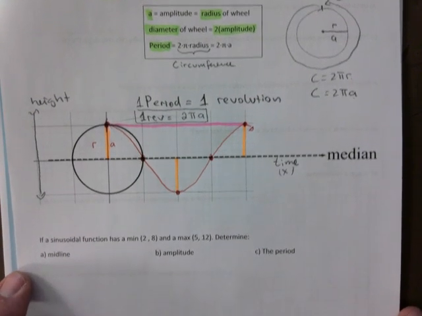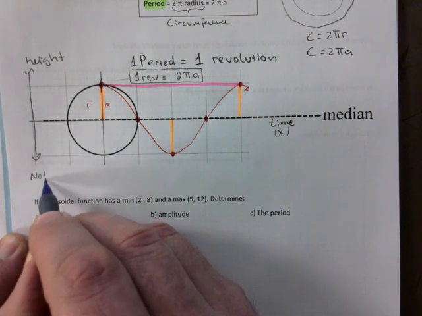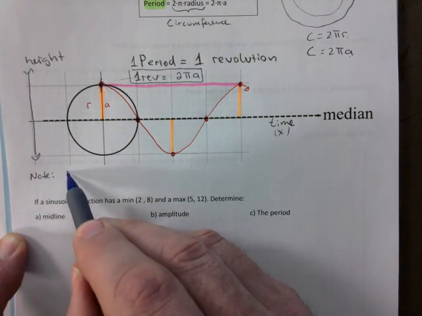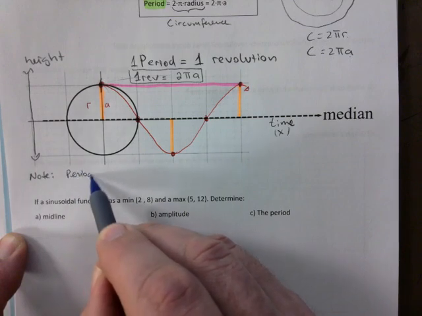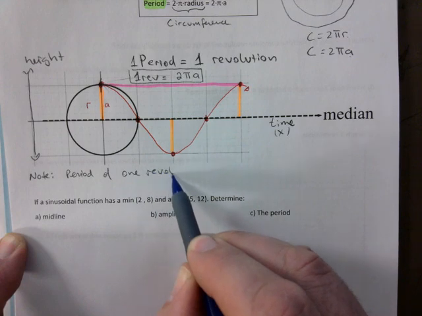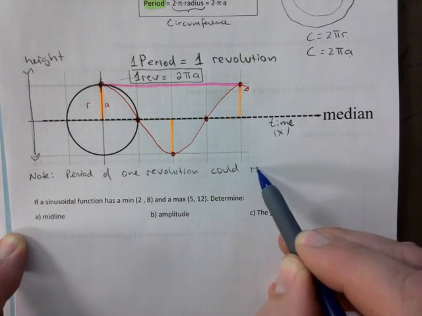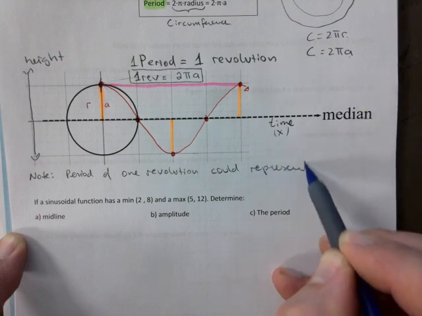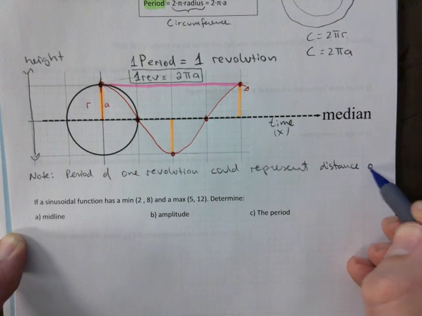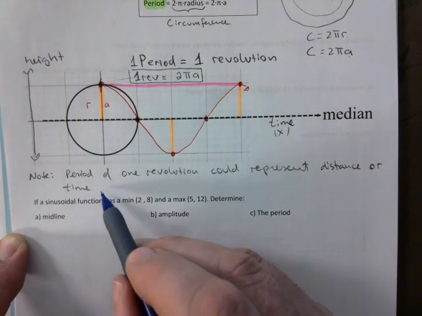I will tell you this here on page 18, right? Note the period of one revolution could represent distance or time elapsed.